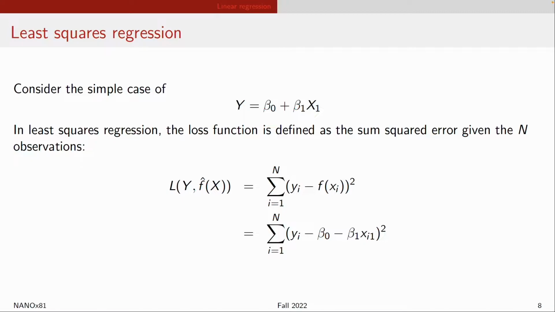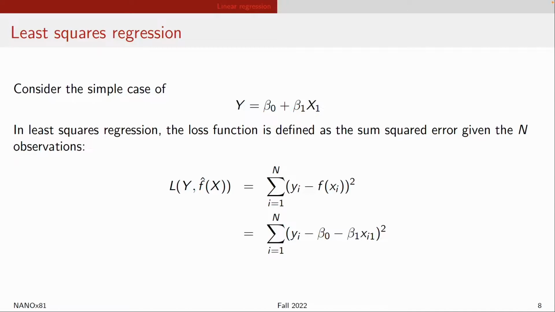Now, I substitute in, because my f of x of i is just beta naught plus beta 1 x1, so this gives me this expression over here. And what I want to do is to minimize this loss function as a function of beta naught and beta 1, okay? Now, how do you find the minimum of a function? You take the first derivative of your function with respect to the variable that you want to find, right?